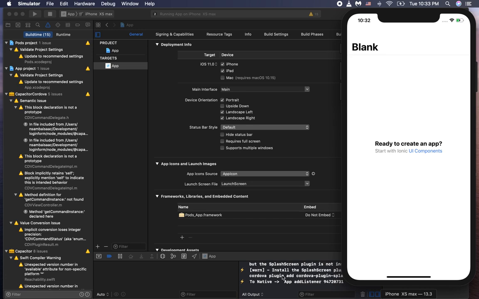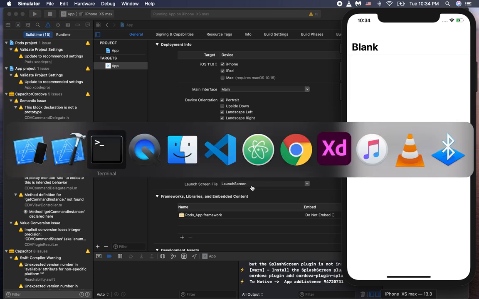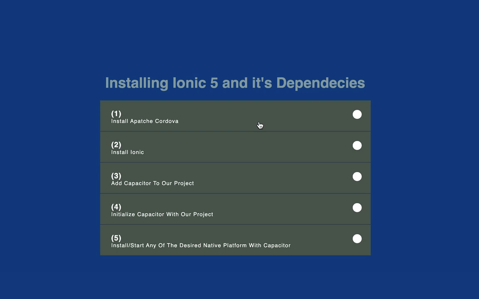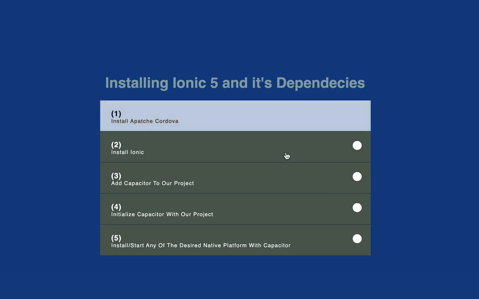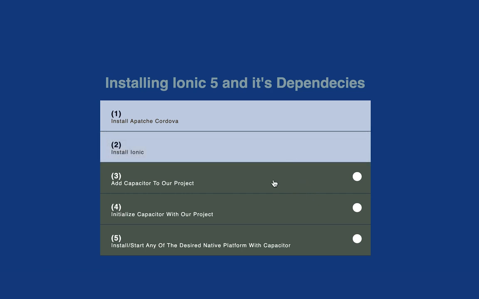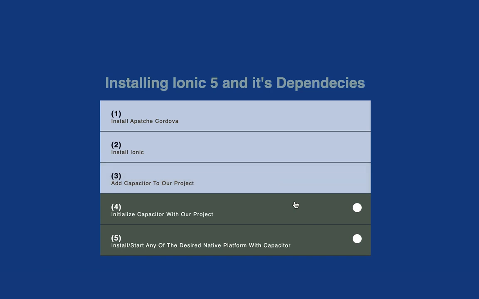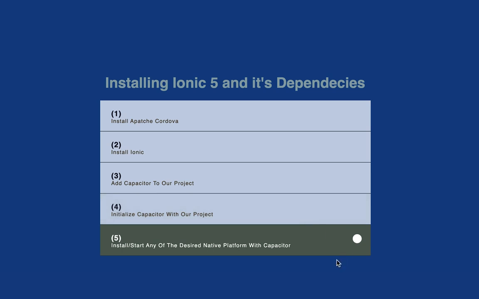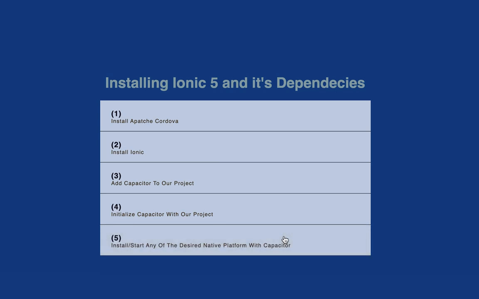So here we have basically installed all the dependencies. Let's go to our to-do list. We installed Cordova, and we installed Ionic, started an Ionic project, and then added Capacitor to our project. We also initialized Capacitor within our project by running npx cap init, and then we also created our platform, which is iOS, using Capacitor.